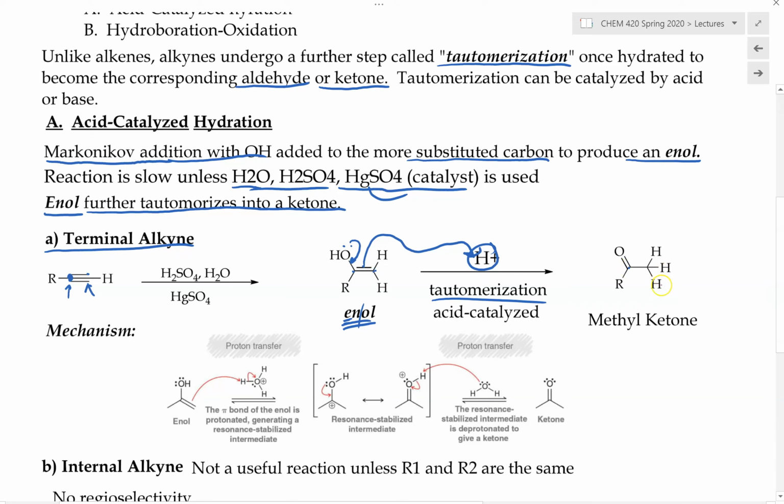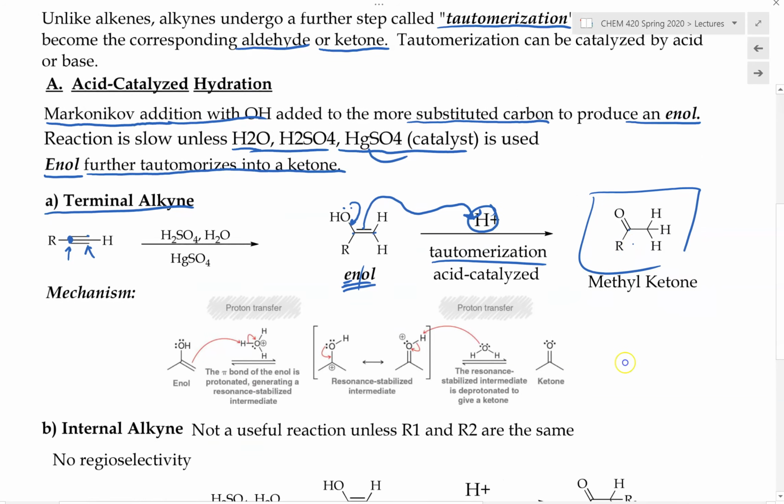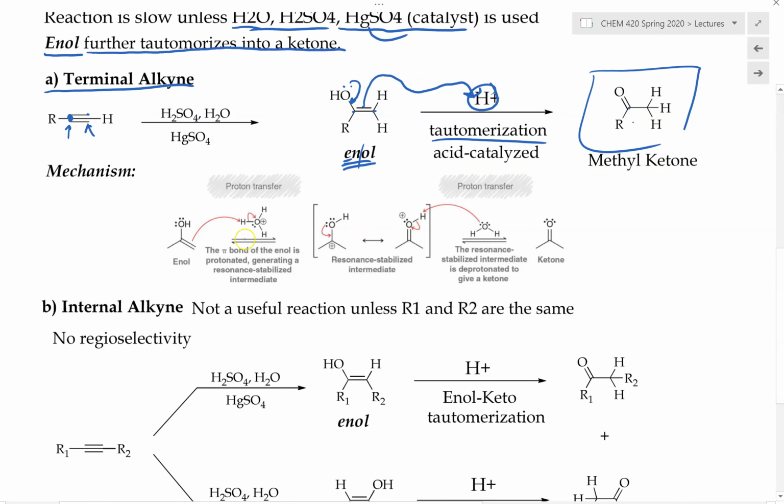In this case, we are producing a ketone. I'm skipping the last proton transfer step right here to deprotonate this carbonyl. After the extra proton transfer step, this will be the product. Here again is the mechanism of that tautomerization step. Once we produce this, here is the last proton transfer to convert this into a carbonyl.